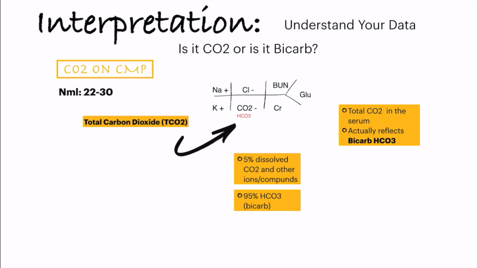So I've got 22 to 30. In the literature, you'll see 22 to 26, which is typically used when you're interpreting the bicarb level on your ABG. But some analyzers at hospitals probably do use that range. You'll see some at like 22 to 29. We're just going to stick with 22 to 30 here. Just know that you're going to need to insert your normal numbers for your institution. It matters. You'll see it in a little bit.